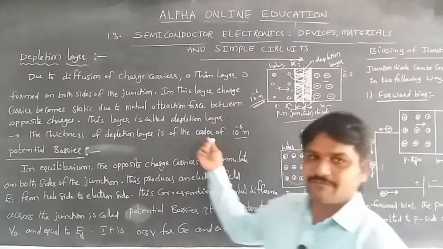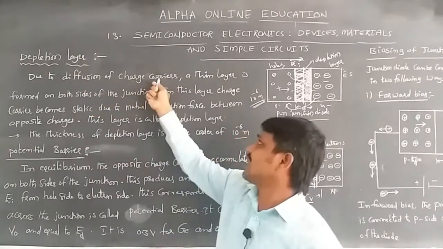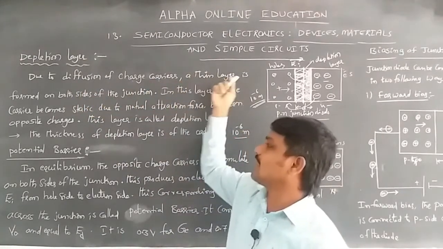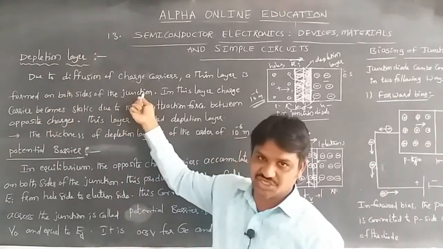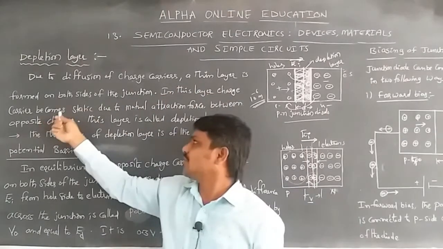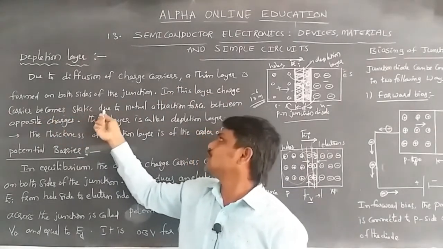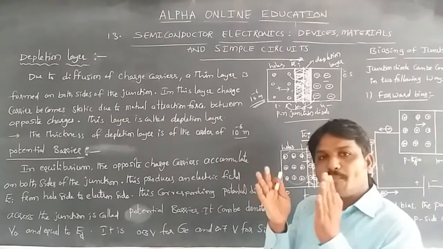So the definition is: due to the diffusion of charge carriers, a thin layer is formed on both sides of the junction. In this layer, charge carriers become static due to the mutual attraction force between opposite charges.